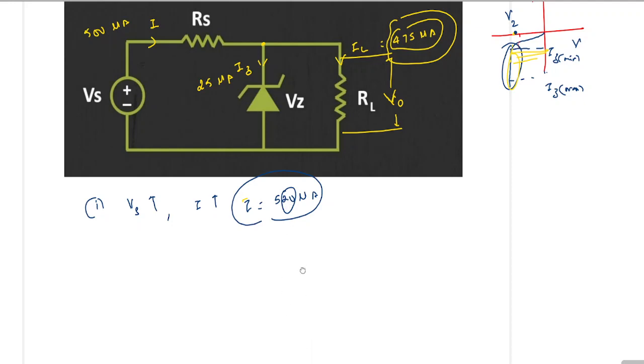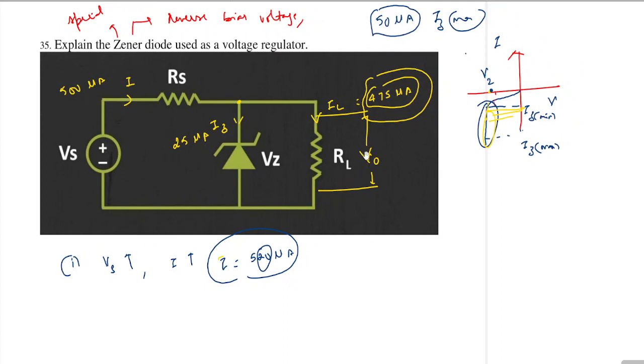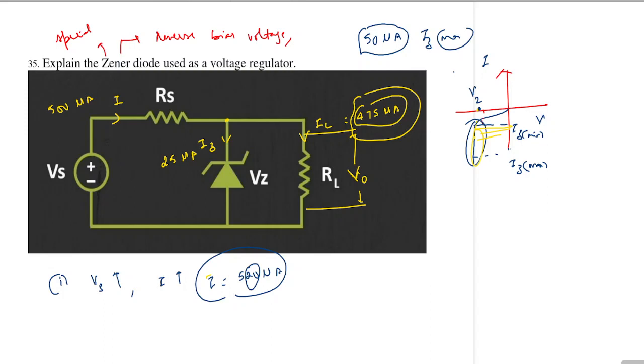If a small part of that 20 microampere goes to the load, it will keep V0 from being constant and make it vary. But keep in mind that the diode can take up to 50 microampere current, which means the extra 20 microampere goes into the diode only.